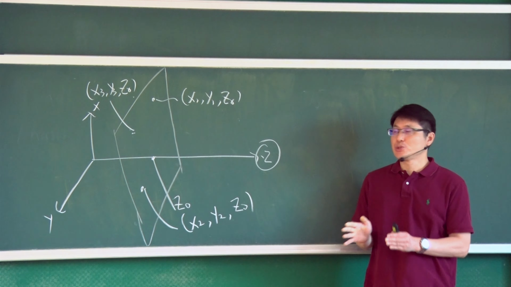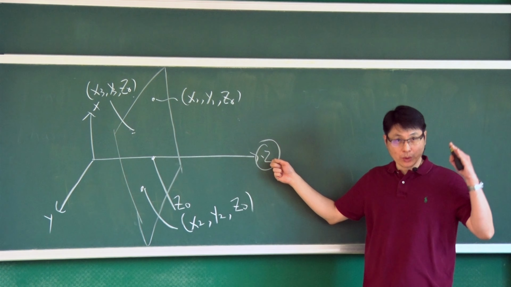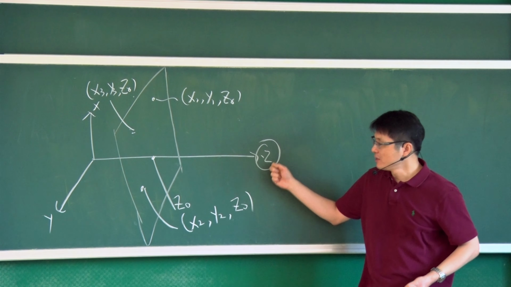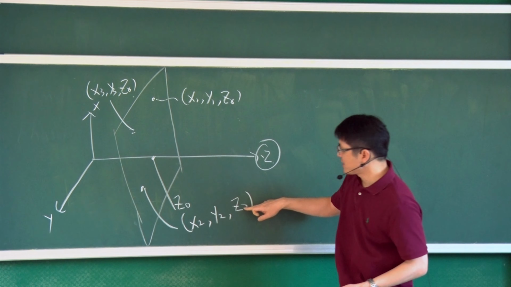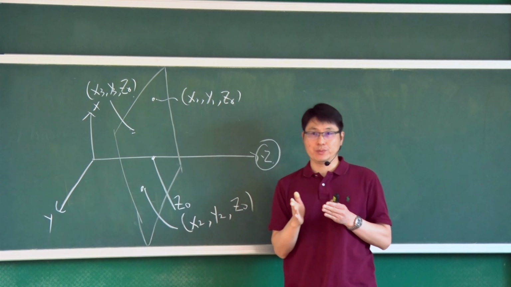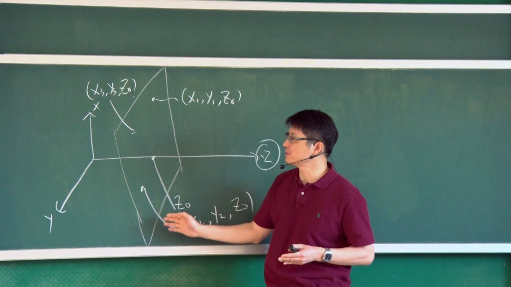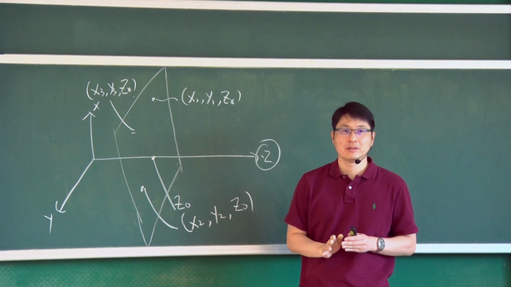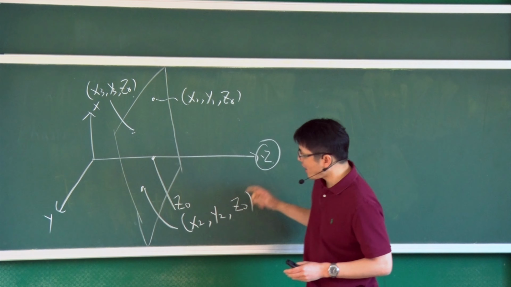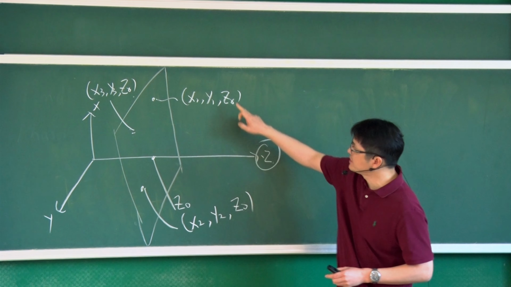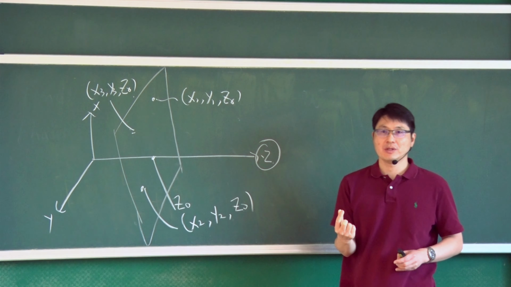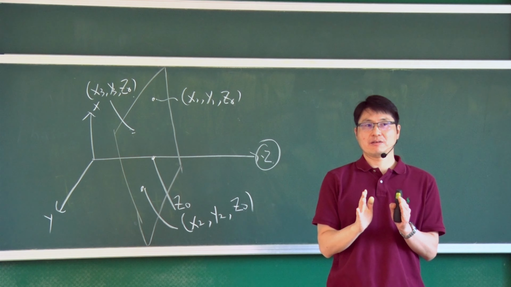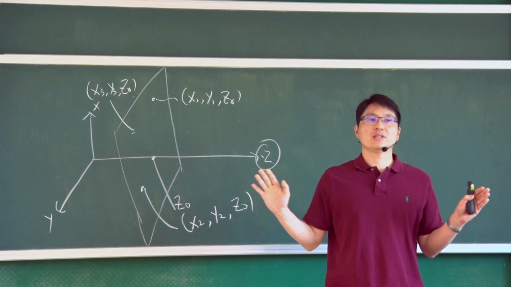x3, y3, z0, as long as you have defined your propagation direction, for example here, z, then all these 3 points have the same z value, right? So they are on the same xy plane. So whatever point you have, as long as you have the same z0 value, these locations are in phase, guaranteed.